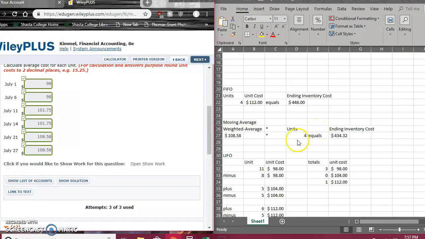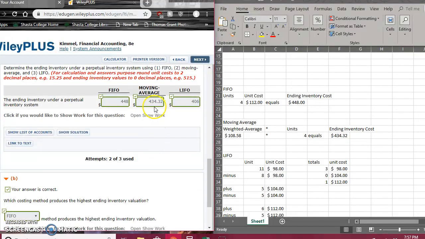So we use this to price the last 4 units. So we multiply these two together, 4 times 108.58, and we get an ending inventory cost of $434.32. So we put that right here.